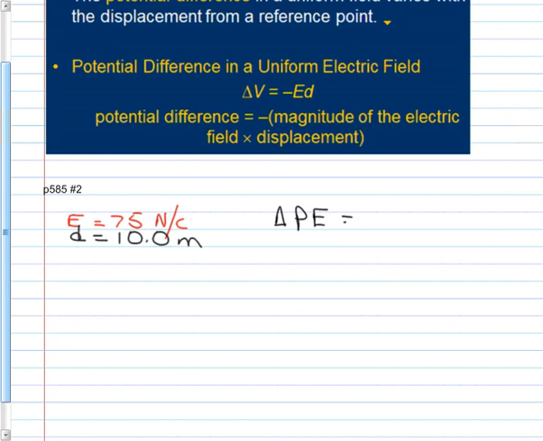Potential energy loses 4.8 times 10 to the negative 16th joules. So there's our change in potential energy. So they want to know, problem 2, what is the potential difference between the initial and final locations of that particle?